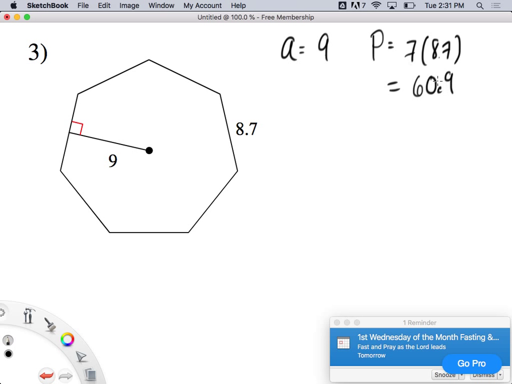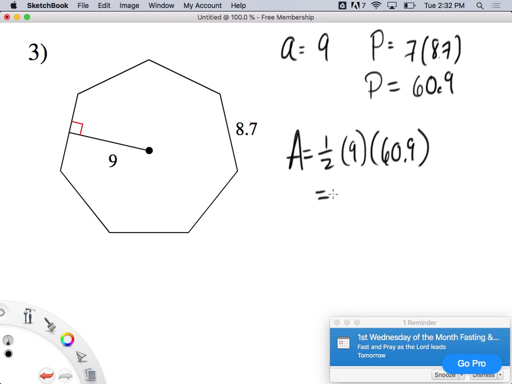So 7 times 8.7 is 60.9. So the perimeter is 60.9. The area is 1/2 the apothem, 9, times the perimeter, 60.9, which is equal to 274.05.